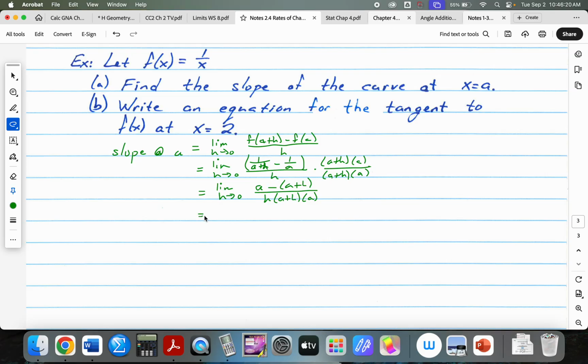In the numerator, I've got then the limit as h goes to 0 of a minus a, well, that's 0, so I'm just left with a negative h over h times a plus h times a.